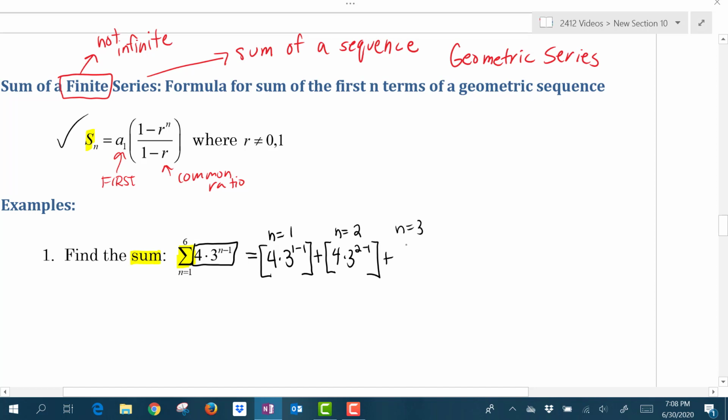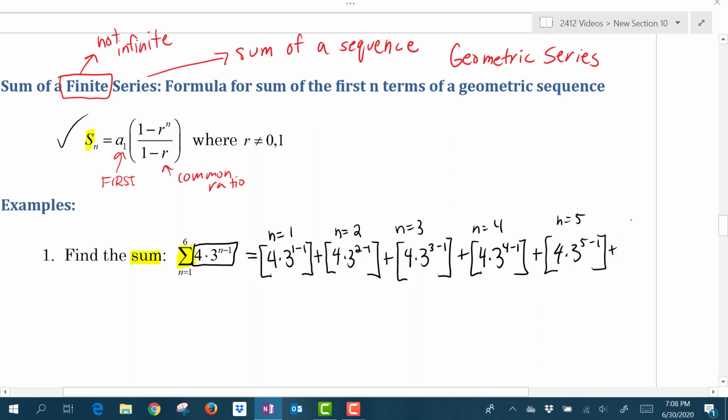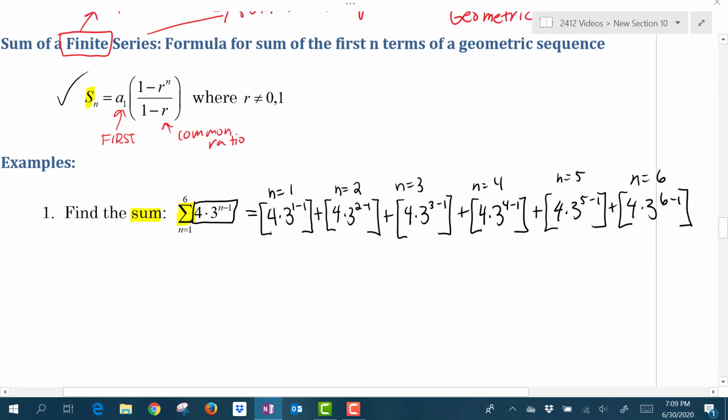Plus, and we'll just go on putting the n value into all of those terms. Alright, so there's our expansion.